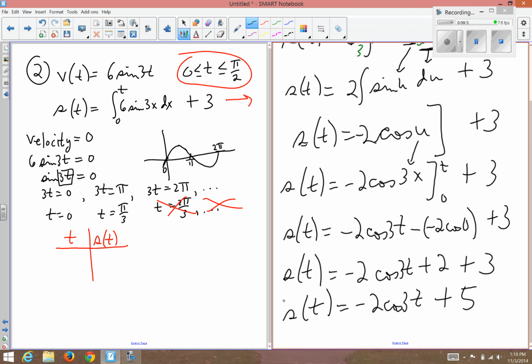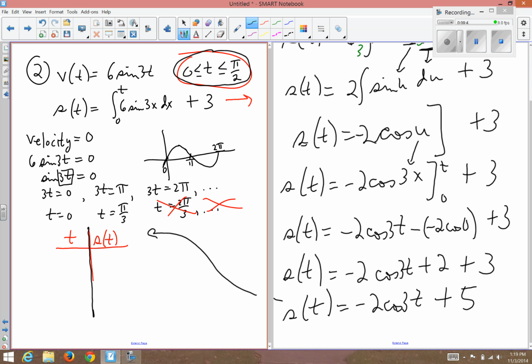I need this to complete the table over here. In the table, we're going to put the endpoints of this interval and also pi over 3. That's a time when the velocity is 0. So the interval starts at 0. We're using pi over 3, and it's important to know why: that's the time when the velocity is 0.